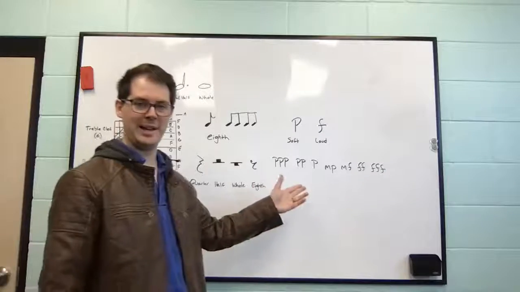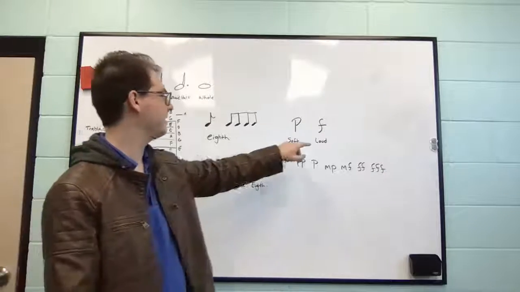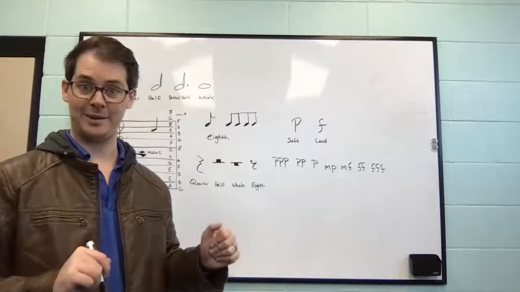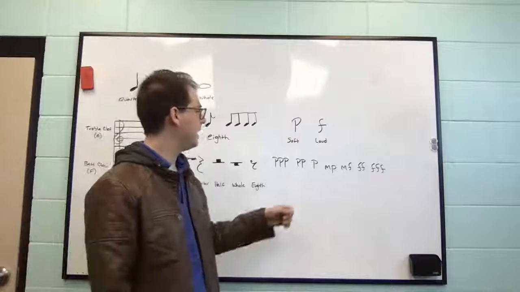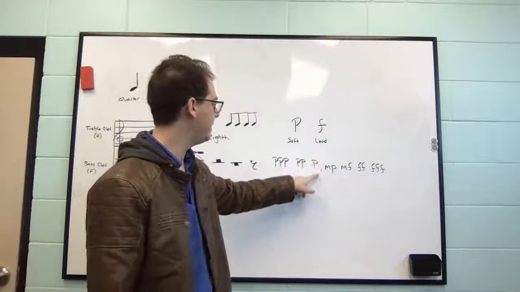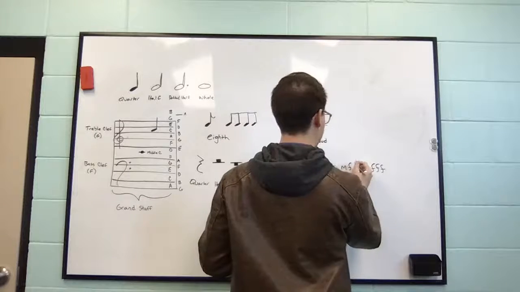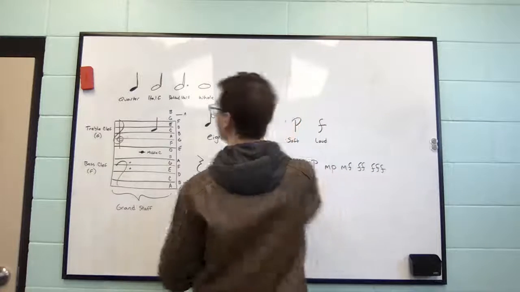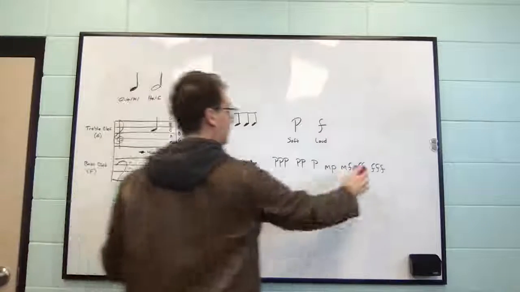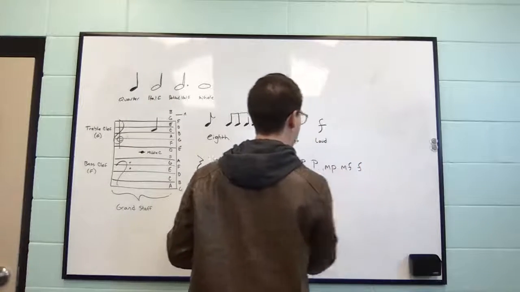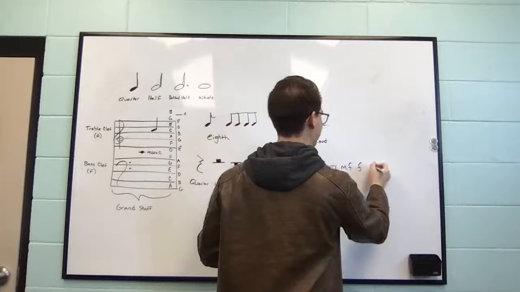So you see, we have a whole lot more than just play soft or loud. Okay. So again, we have piano for P, and forgot one. Then we have F for forte.